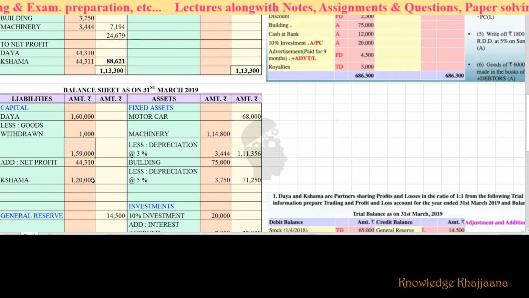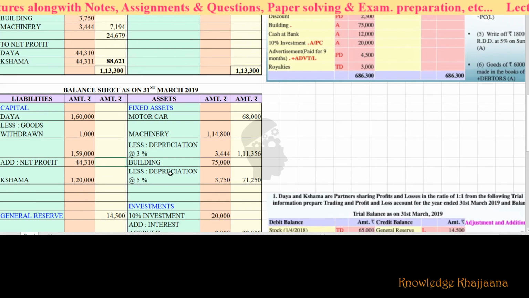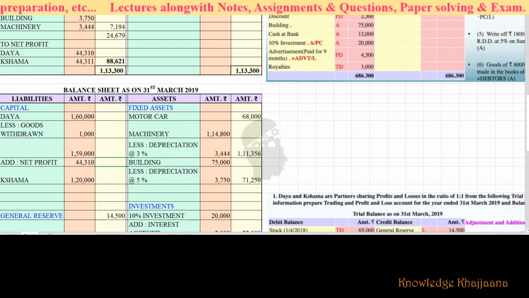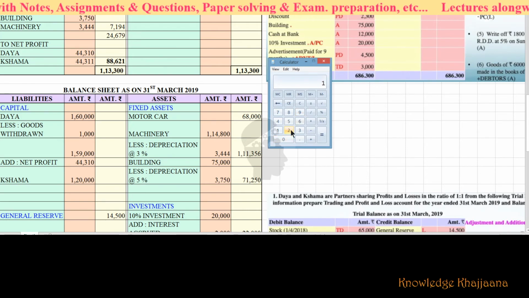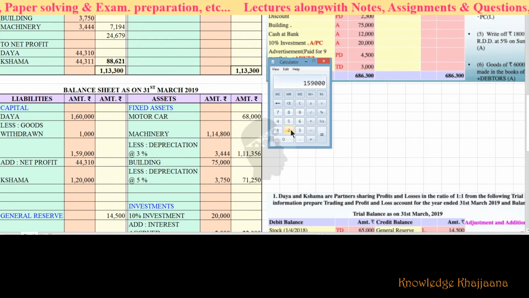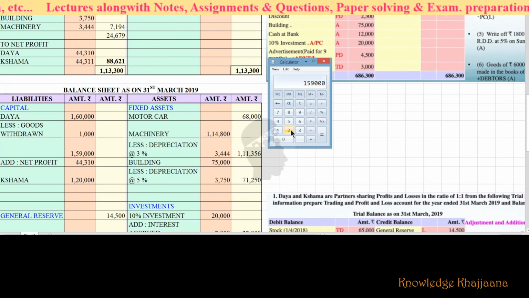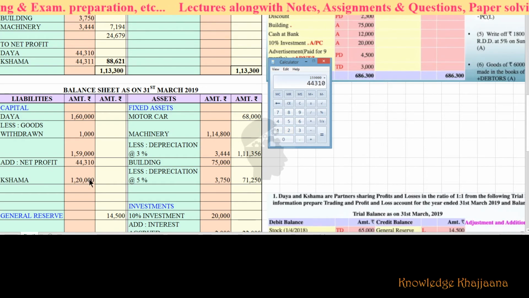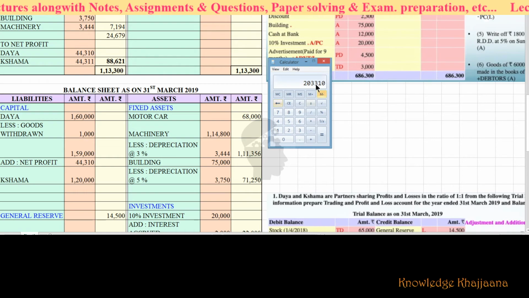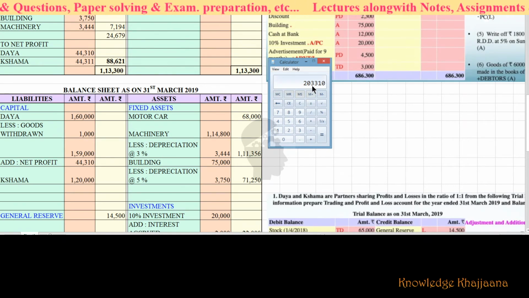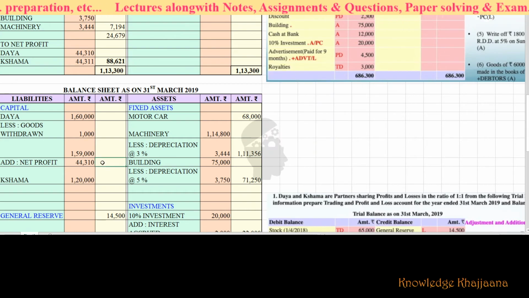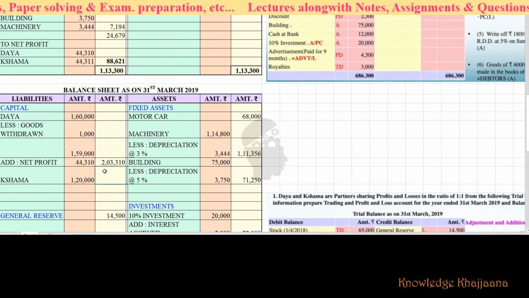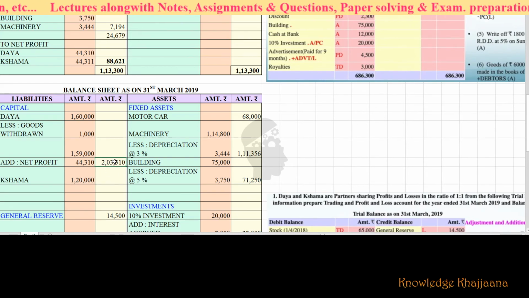So the total is 1,59,000 plus 44,310, which is 2,03,310. It is the total capital of Daya to the date.